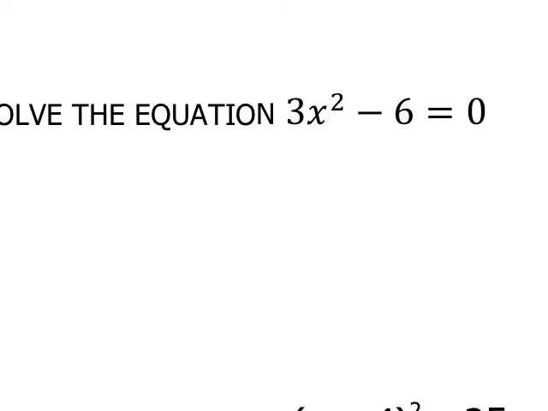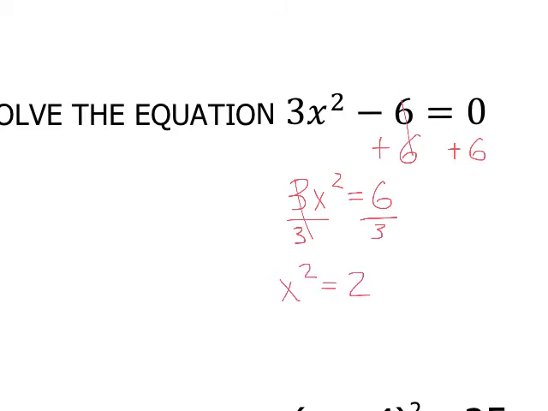I always start by adding or subtracting first, so I add 6 to the other side. I have 3x squared equals 6. And this is 3 times x squared, so I just divide by 3 on both sides, and I get x squared equals 2. So I have isolated the square part by itself. Now how do I get rid of x squared?